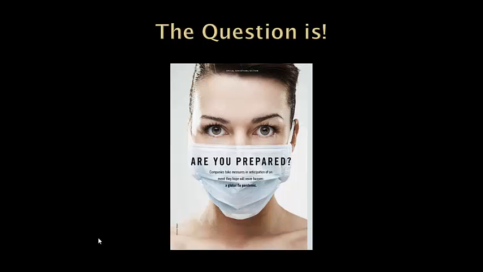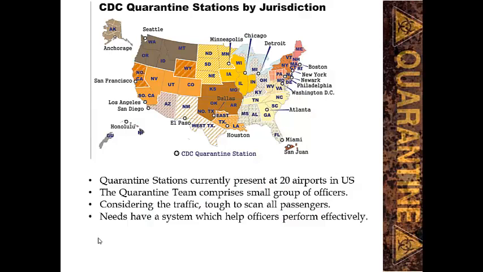Well, let's take a quick look at quarantine systems in the United States. The Centers for Disease Control and Prevention looks after the quarantine stations at various locations. As of now, there are 20 such airports where quarantine stations exist.